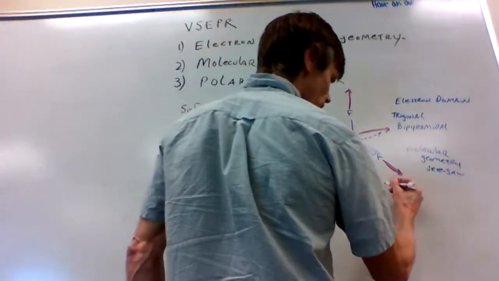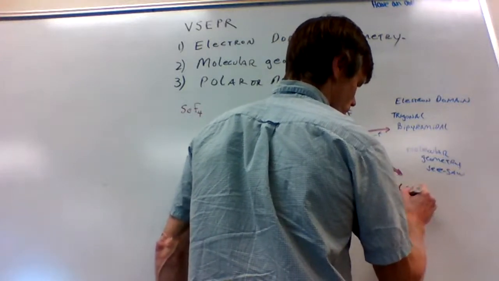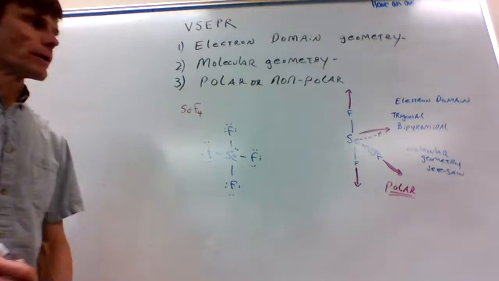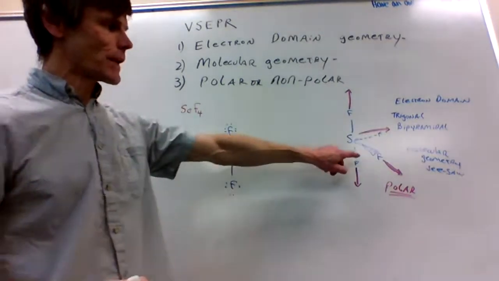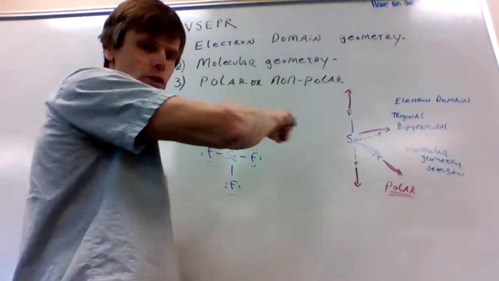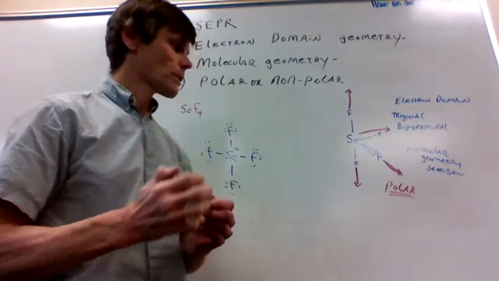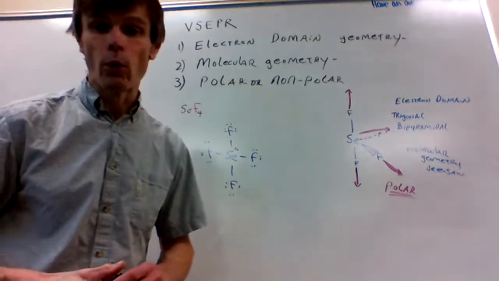And what we're going to see is that for this molecule, we are polar. And it's due to the fact that there's an unequal distribution of electron density around the equatorial position of this particular molecule. So this is polar.